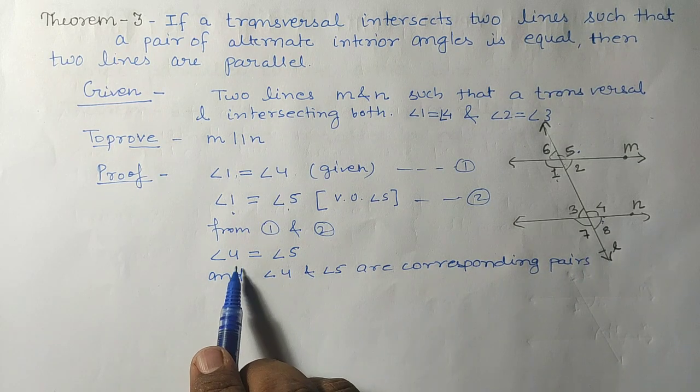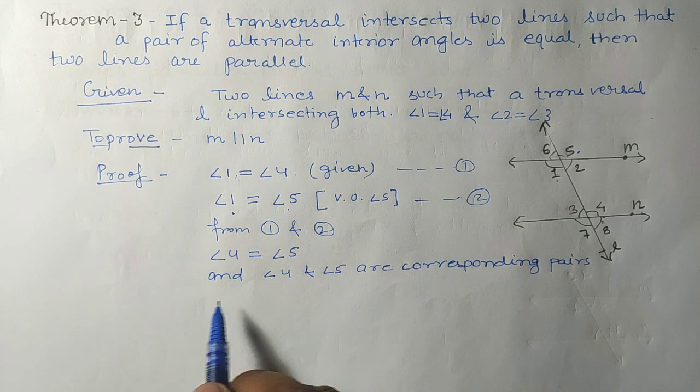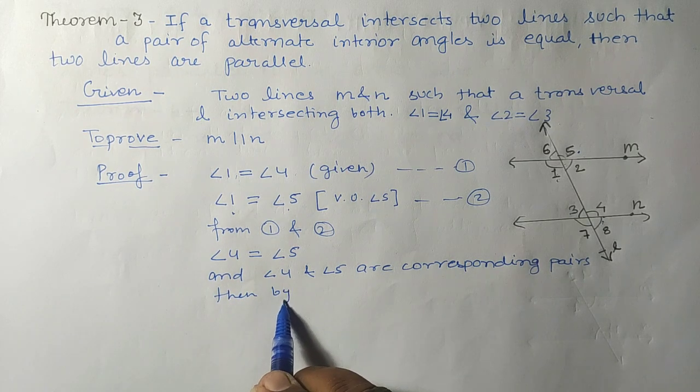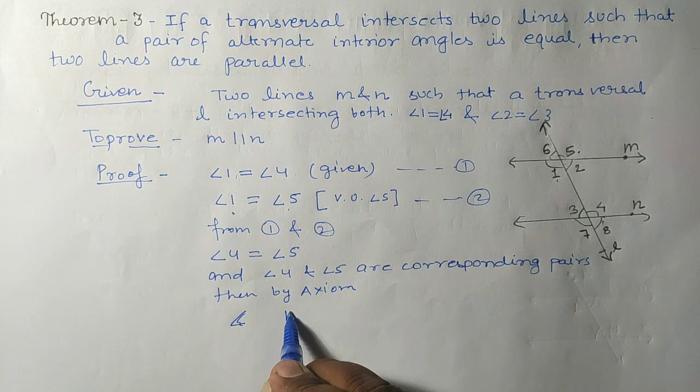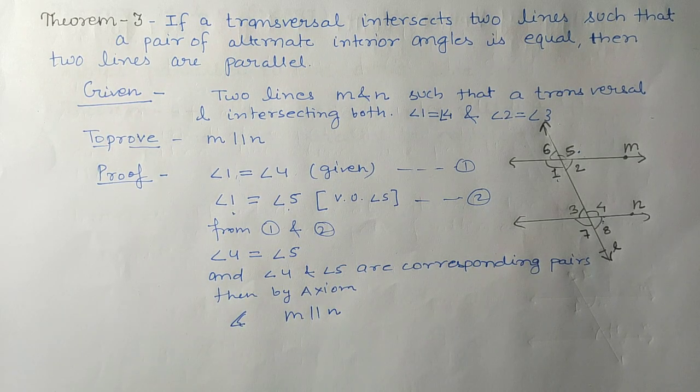And if corresponding pairs are equal, then by the axiom we can say that M is parallel to N. We studied the axiom recently that if a transversal intersects two lines such that their corresponding angles are equal, then the lines are parallel to each other. So this much we have to write in the proof of this theorem.